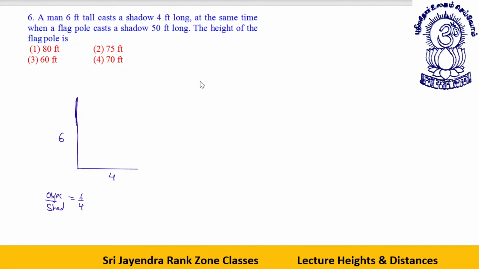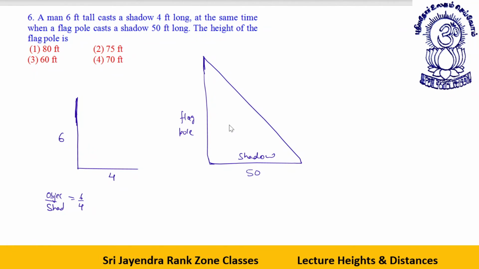Similarly, this is a flagpole, and this is its shadow. This shadow is 50 meters long. Now this flagpole casts a shadow of 50 meters.